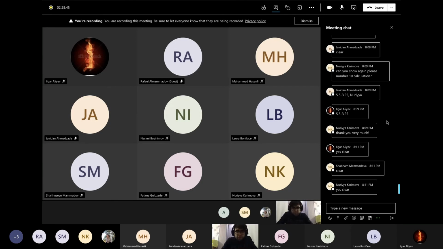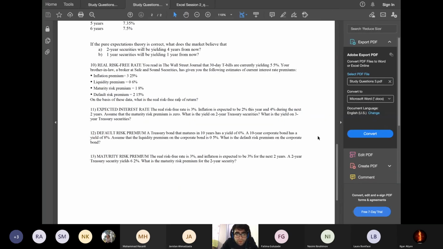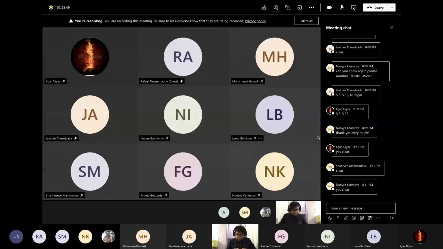In the question, liquidity is 0.5%. So let me write it down. 0.5% plus default risk premium. Default risk premium is equal to 2%. And DRP is equal to 1.5%.